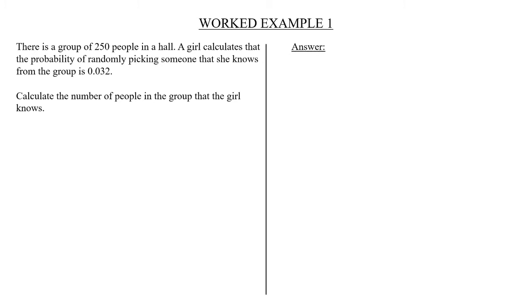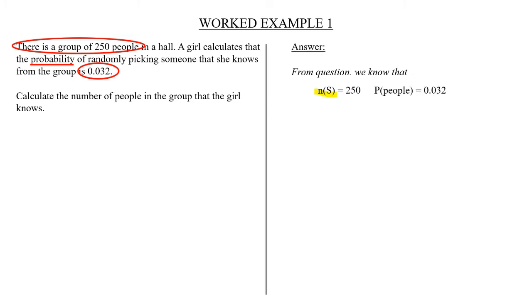So how to answer this? First, from the question, we know that the total of people is 250, which means that NS is 250. And then we know that the probability of getting these people is 0.032, so P of people is equal to 0.032.